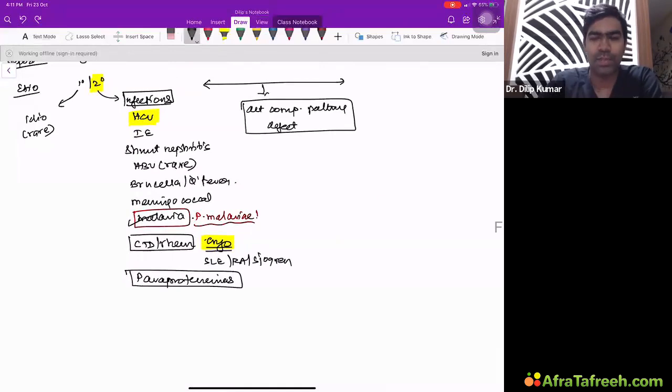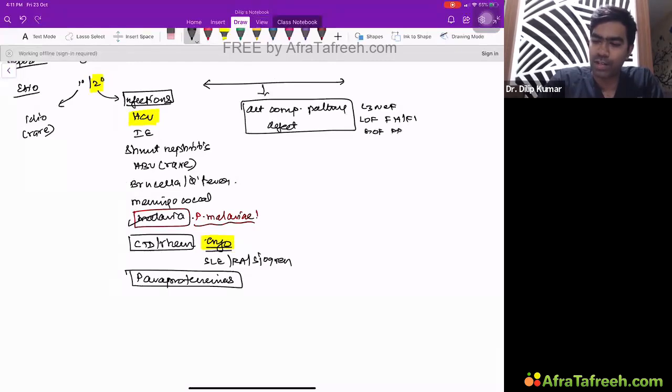So this problem in the alternate complement pathway can be, as I told you, a C3 nephritic factor, or loss of function mutations of factor H and factor I, or probably gain of function mutations of factor B and properdin.